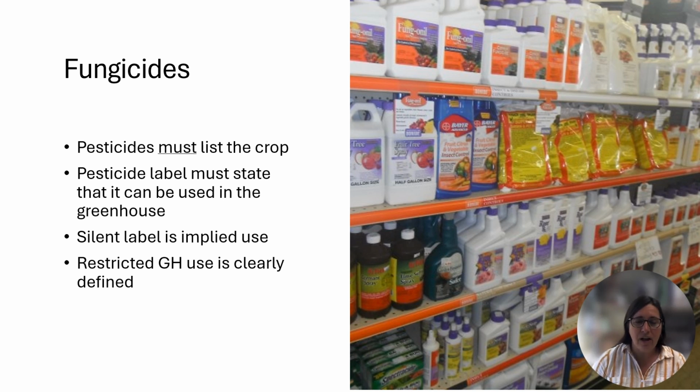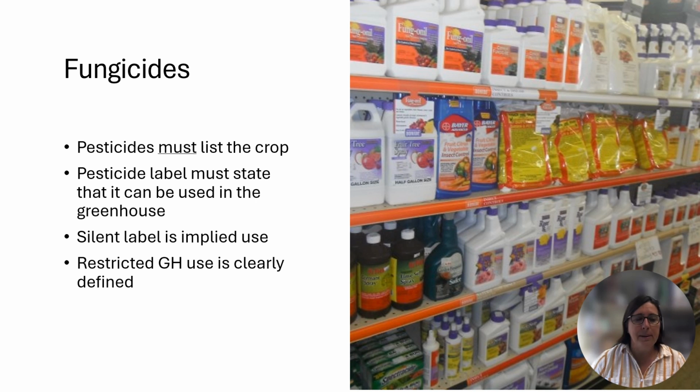There are a couple of caveats here. What we call a silent label is one implying that it can be used in a certain way. A silent label might say that the product can be used on ornamentals, or it might say it can be used on fruits, vegetables, ornamentals, and other flowering plants.